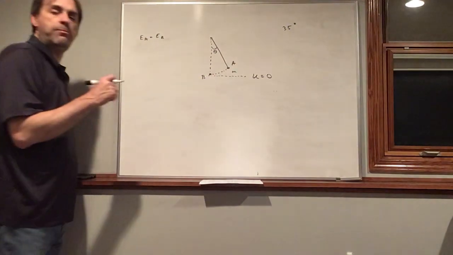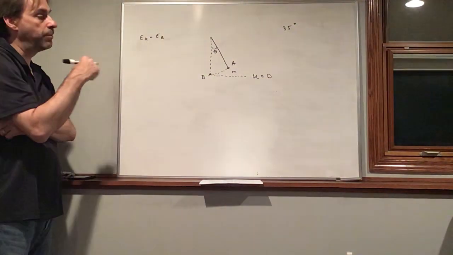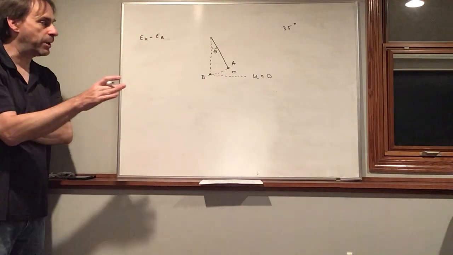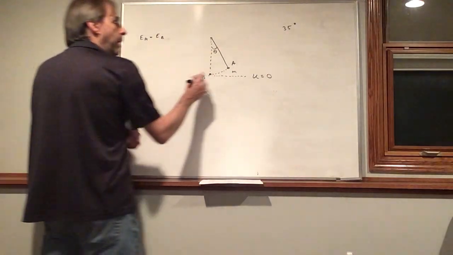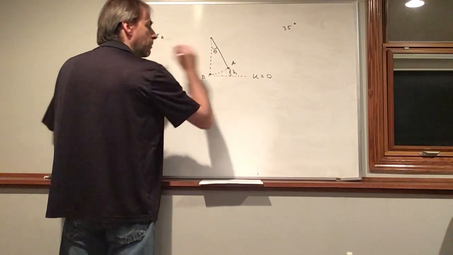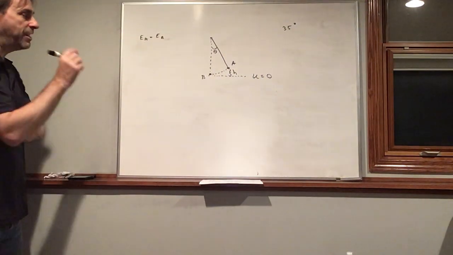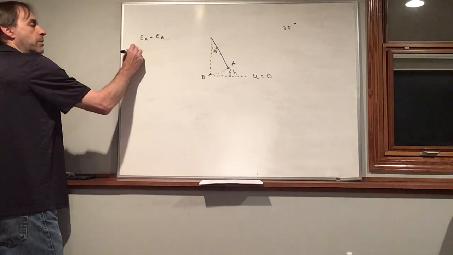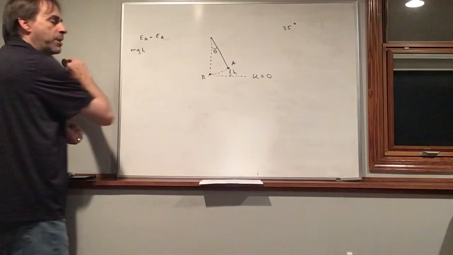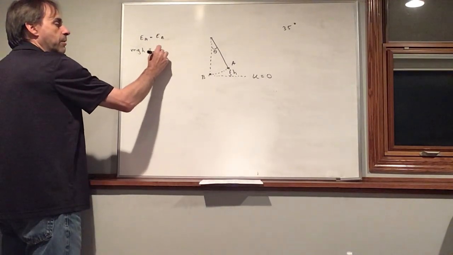Let's pick the lowest point it's going to swing through as our reference level and say gravitational potential energy is 0 at that point. Initially, the ball is a certain height h above the ground, so the initial energy is mgh. And when it swings through to point B, it has no potential energy, but now it has kinetic energy.